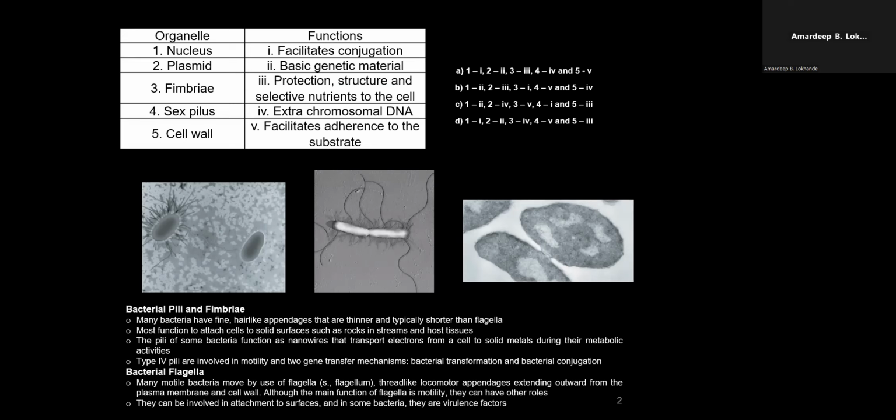It acts as a vector in transferring genetic material from one organism to another. So the role of plasmid seems very easy, that it's extra chromosomal. It provides extra genetic material to the cell, and also it is capable of transferring genetic material from one organism to another.